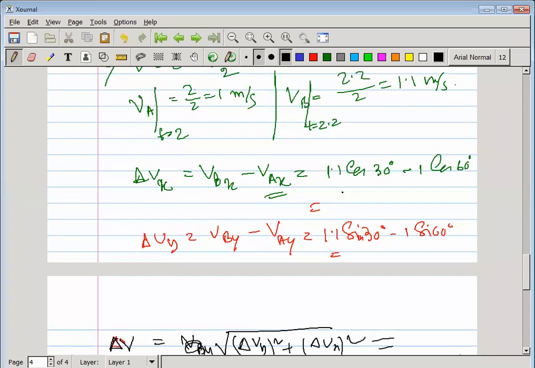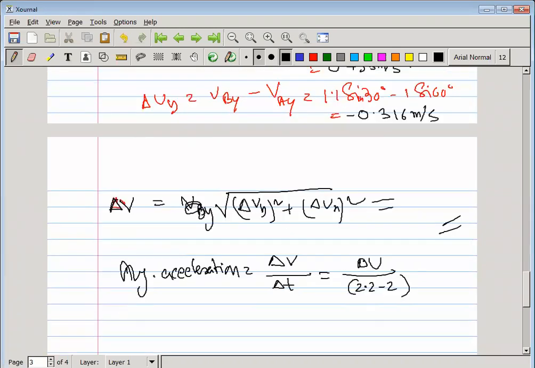So this will come 1.1 into cos 30 minus cos 60, which gives 0.453 meter per second, and 1.1 into sin 30 minus sin 60 is minus 0.316 meter per second.